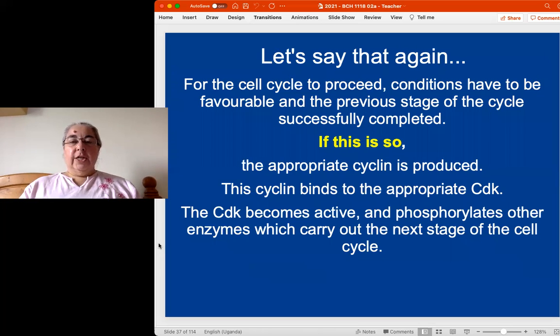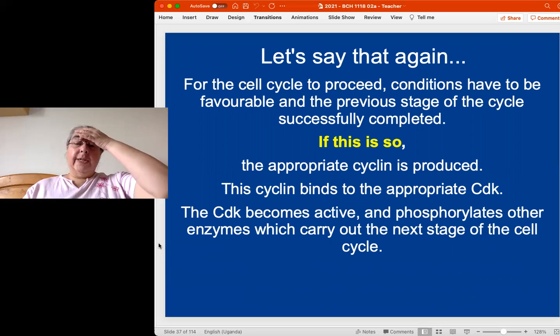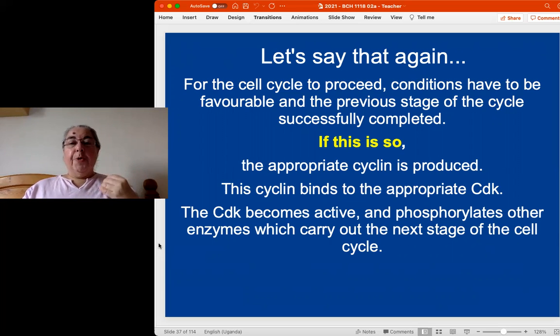Okay, so let's just summarize that. For the cell cycle to proceed, to move on to the next stage, conditions have to be favorable, and the previous stage of the cell cycle has to be successfully completed. If this is the case, if everything has gone well and the cell is ready to move on through the cell cycle and reproduce, the appropriate cyclin is produced.